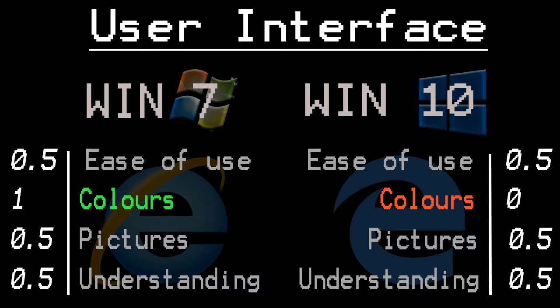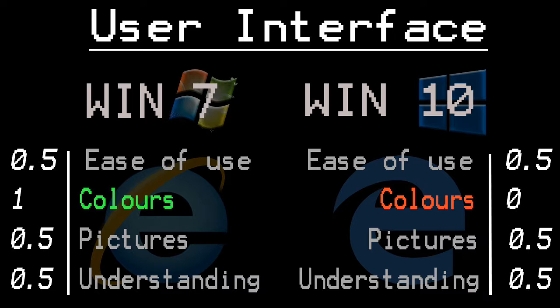So on to user interface, ease of use. We're going to start with Windows 7. Windows 7 won on colors, which was the second category. So Windows 7 gets 1 point, and then three draws is half a point each. So 0.5, 0.5 is 1, 1.5, add 1 is 2.5 out of 4 for Windows 7.